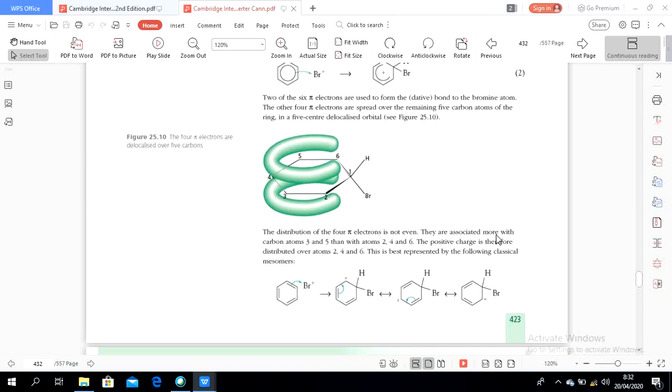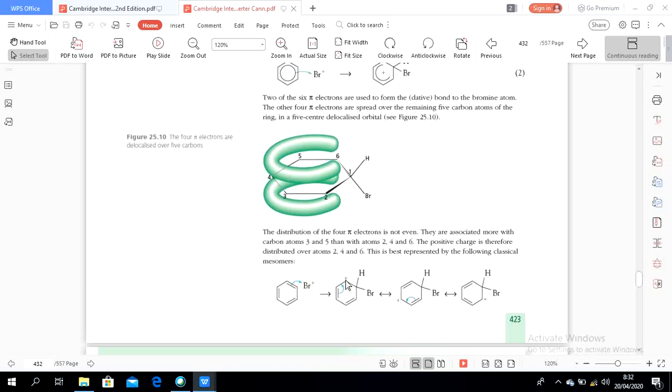They are associated more with carbon atoms 3 and 5 rather than atoms 2, 4, and 6. The positive charge is therefore distributed over 2, 4, and 6. This is best represented by the following classical mesomers. So it will form like this.